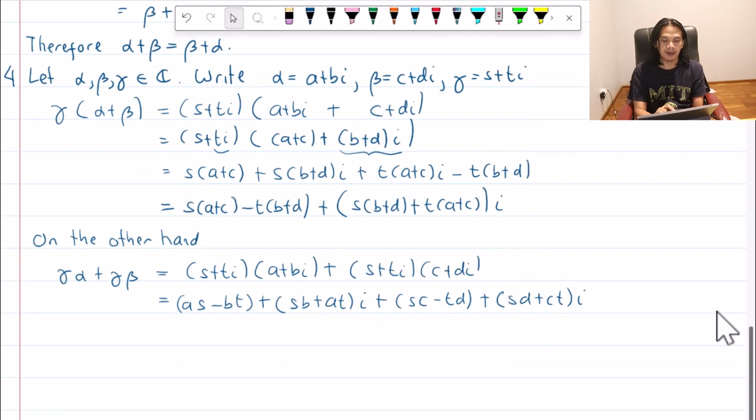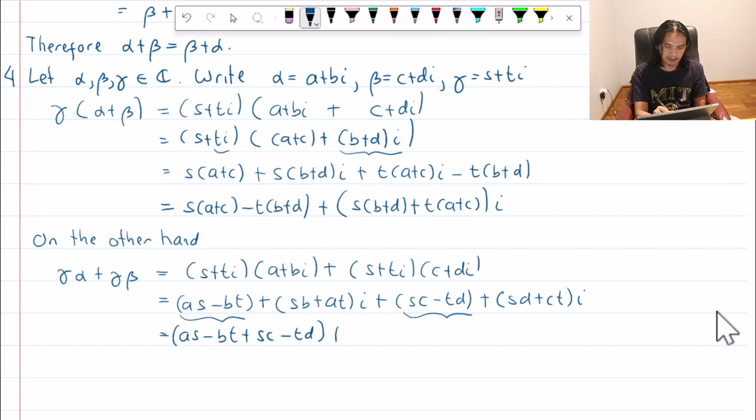Okay, and then we can rewrite this, add this with that guy: as minus bt plus sc minus td, plus sb plus at plus sd plus ct i, and then we want to make this look like this expression.